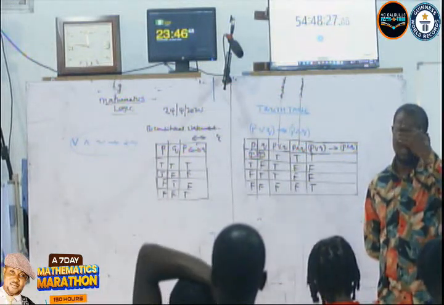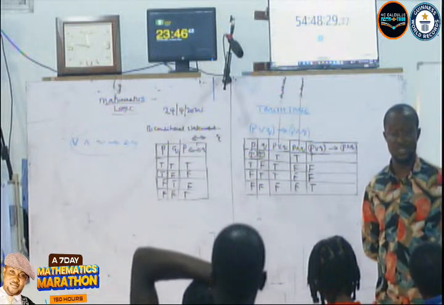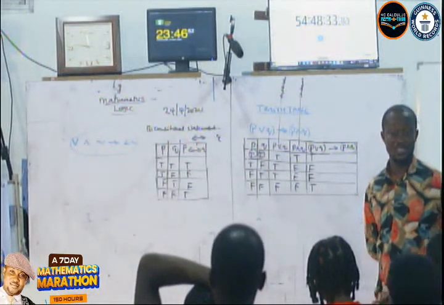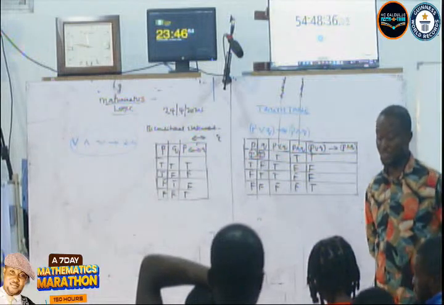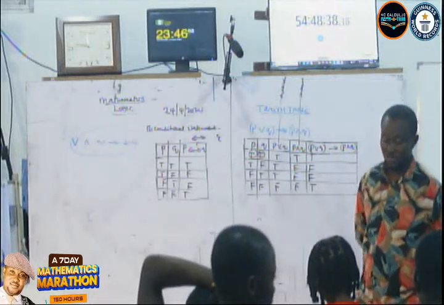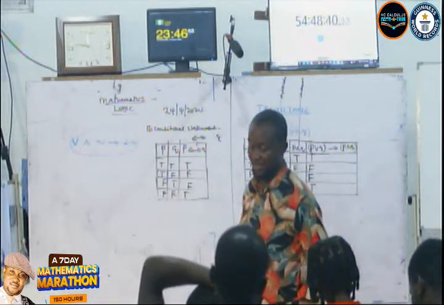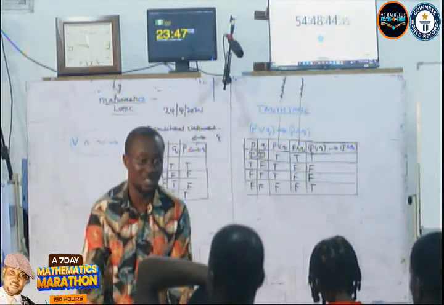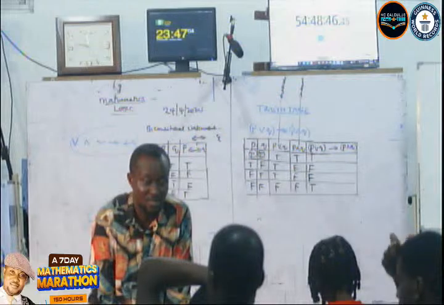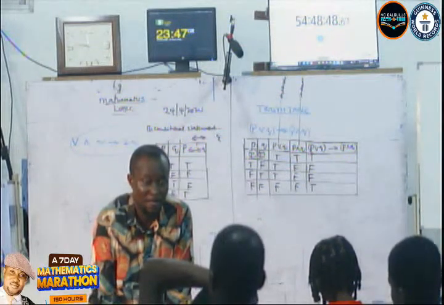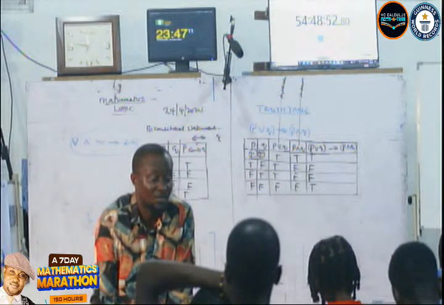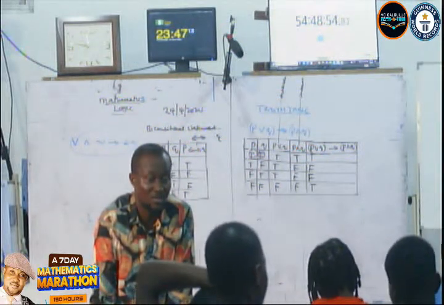Understand? Because mathematics is a study of science. Mathematics is pure science. So logic is used mainly in electronics, in switching circuits and relays. Are you getting me? Logic is a study of zeros and ones.